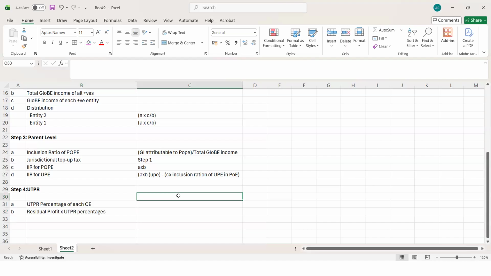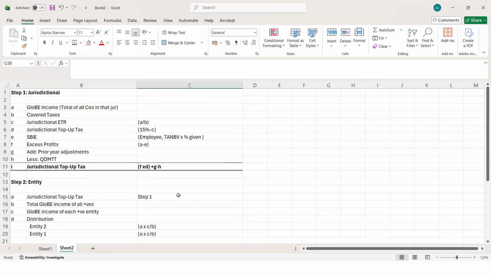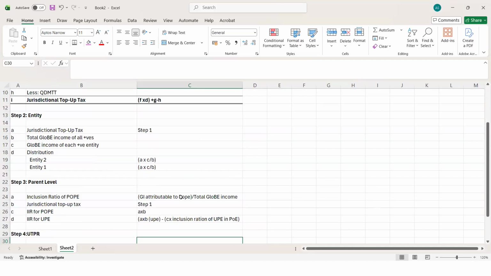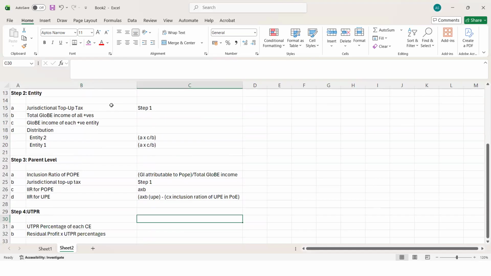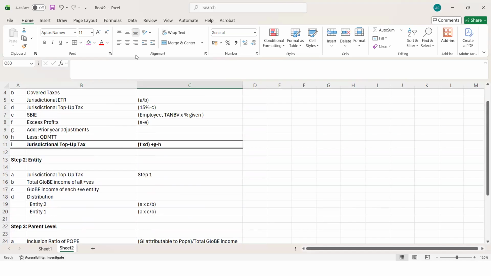Is this formula book clear? This is the formula book that you will use. Is this formula book clear? Yes or no? How at each level we would be calculating this? Perfect.